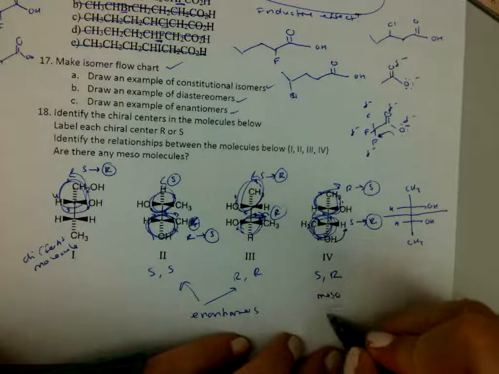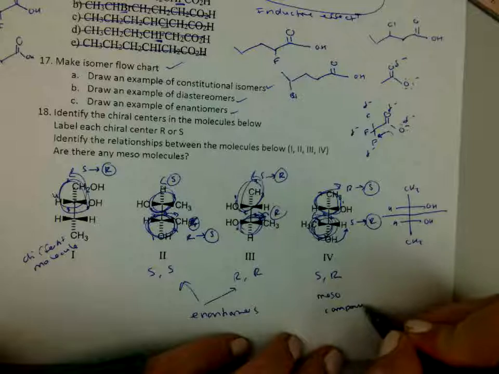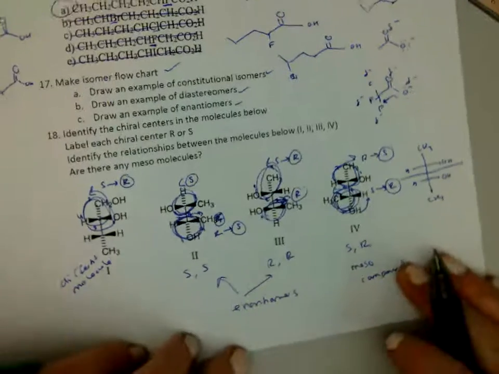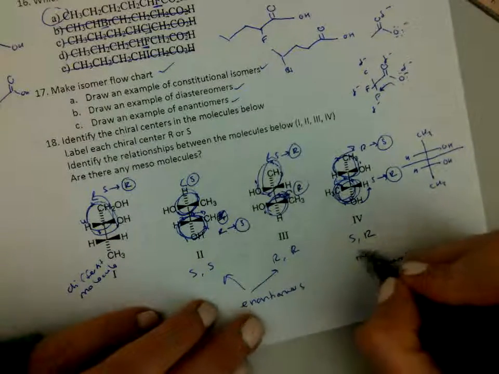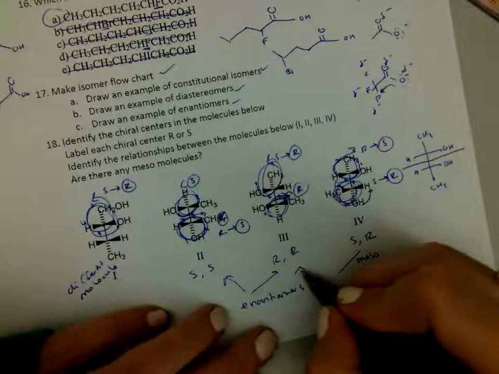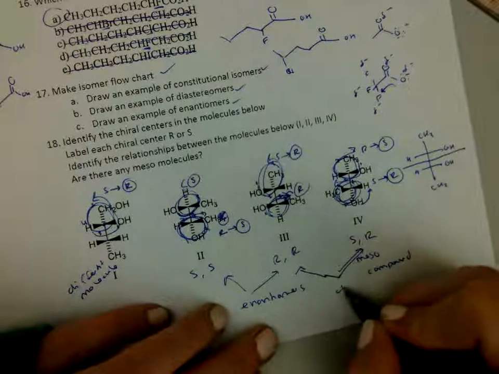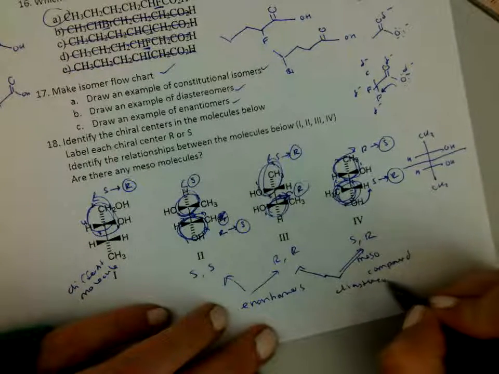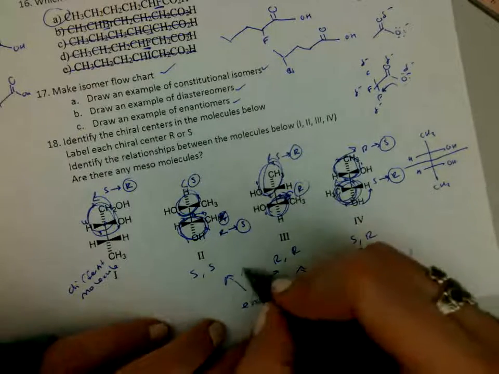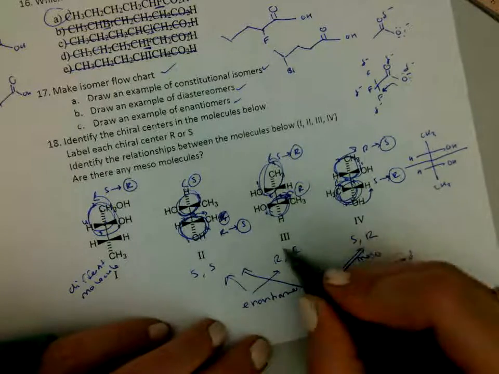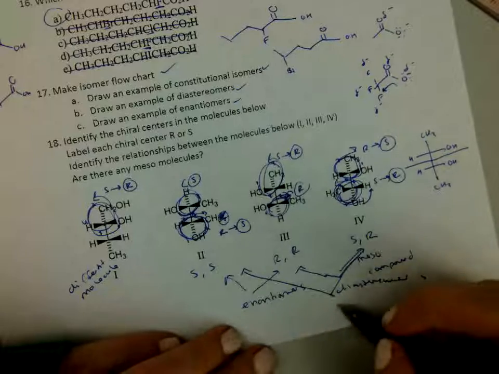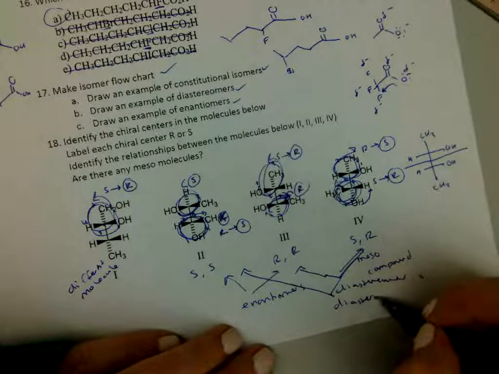So this is a meso compound. So it doesn't have an enantiomer. But the relationship between 1 and 3, these are diastereomers. And I'm sorry, I'm at 4 and 3. And then 4 and 2, these are also diastereomers.